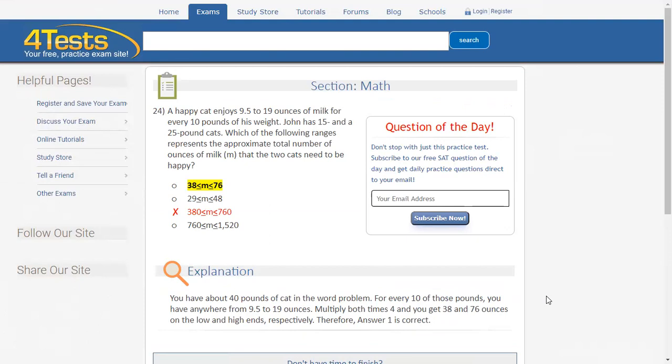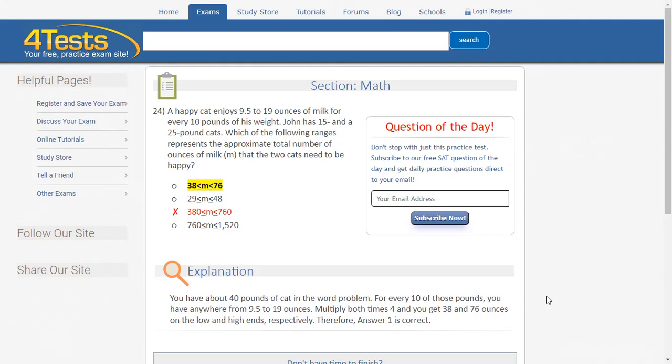For every 10 of those pounds, you have anywhere from 9.5 to 10 ounces. Multiply both by 4 and you get 38 and 76 ounces on the low and high ends respectively. Therefore, answer 1 is correct.